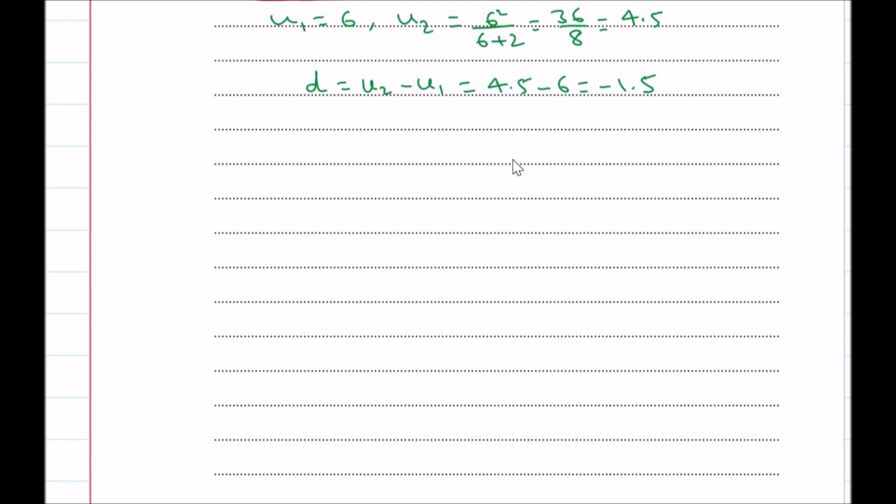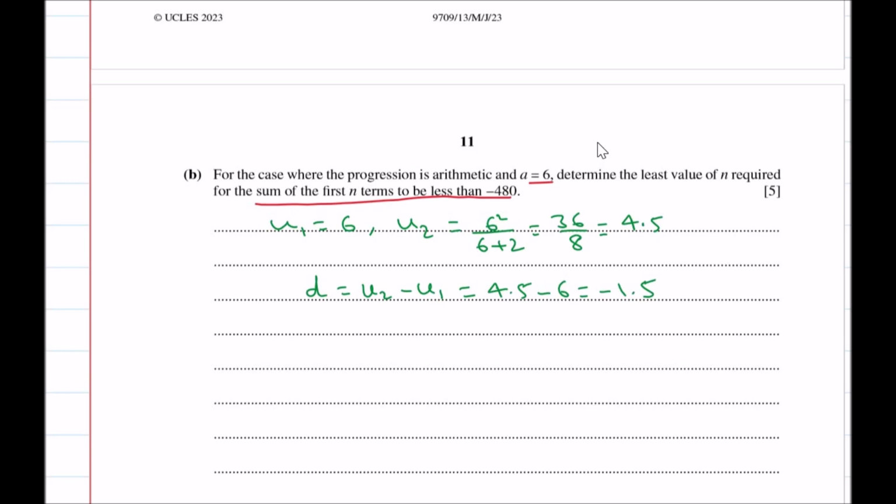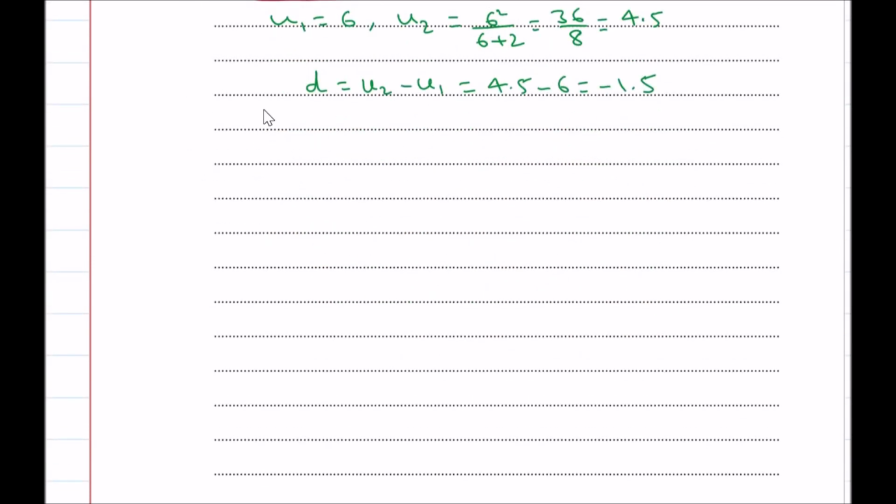Okay. Now let us apply the sum to n terms formula. So we know that it says here the sum to n terms is less than minus 480. So here we'll write, sum to n terms is n by 2 into 2a plus n minus 1 into d, and it says it is less than minus 480. Okay.